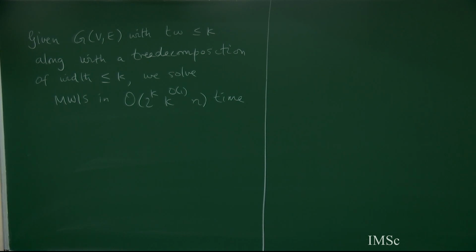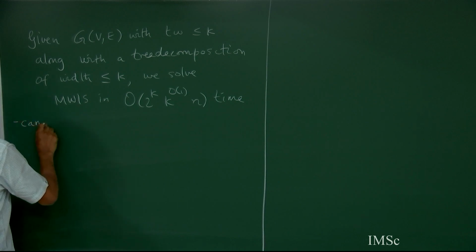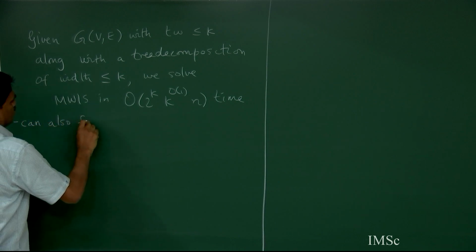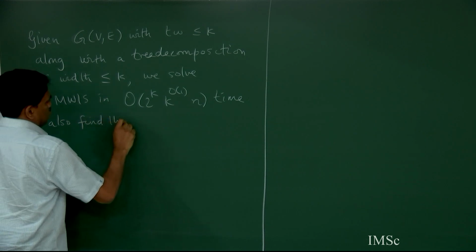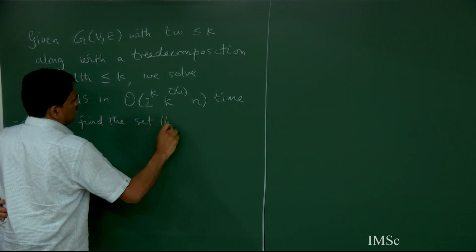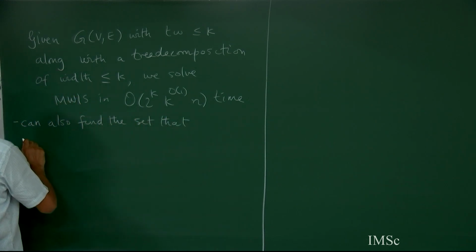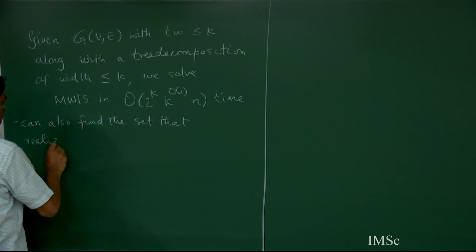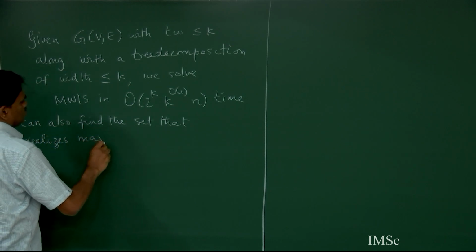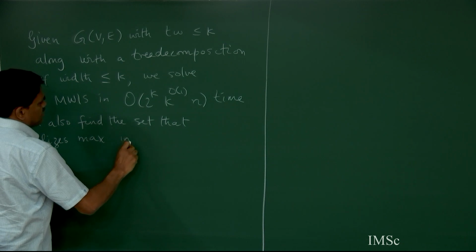You need some back pointers, which set realizes this maximum that intersects with this set, and you can just pull that out. Okay, so I'll just leave it here as in the same time.